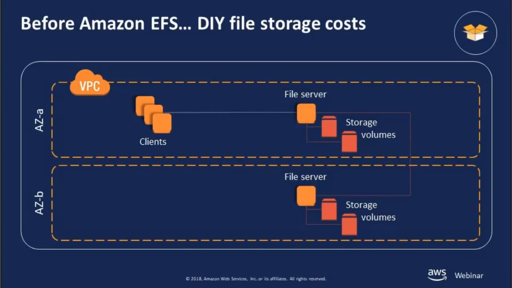This file server would have multiple storage volumes attached to it. But to increase its availability and durability, you would need to somehow replicate this file storage to another availability zone, to another file server, another EC2 instance. And attached to that EC2 instance, you would also have to have other EBS volumes attached to it. So again, it's a little complex to do it yourself with EC2 and EBS.